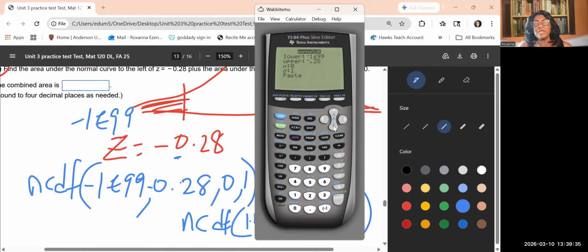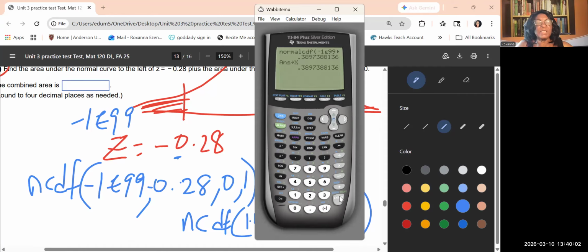Standard deviation of a standard normal is 1. So I'm going to check to see if what I typed in is correct. Is this correct? Yes. So I can continue. When I hit enter, I'll get the area to the left. Now I got the area to the left, and I'm going to store it in X.